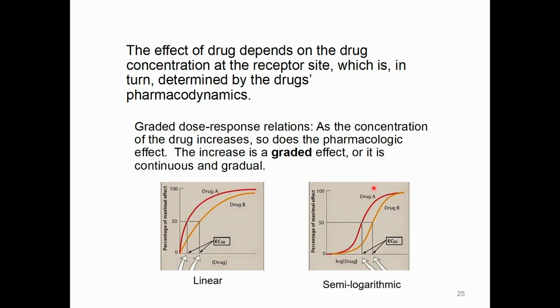Okay, so drug efficacy. Let's get into this. Once again, the effect of the drug depends in some way on what the concentration of the drug is at the receptor site. And that's determined by the pharmacodynamics, usually just by the affinity of the drug for the receptor.